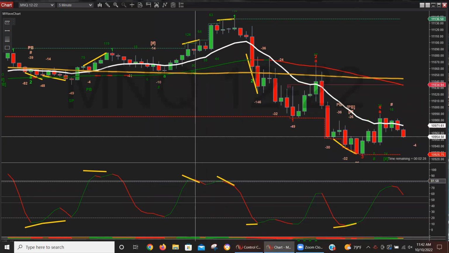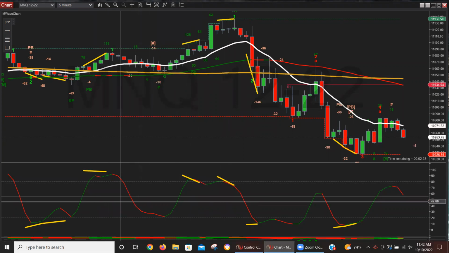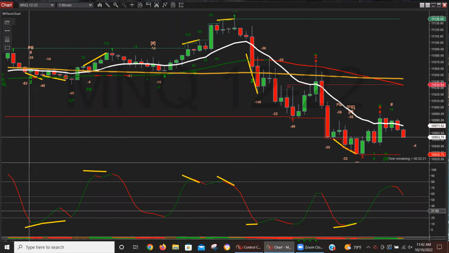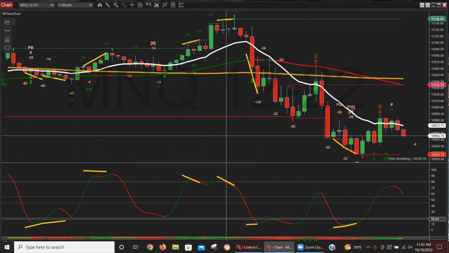Don't worry about these lines here at the moment. Just disregard these yellow lines. That means something else. But for now, I just want you to concentrate on the red and green line, which is %D, or like I said, we'll just call it D.